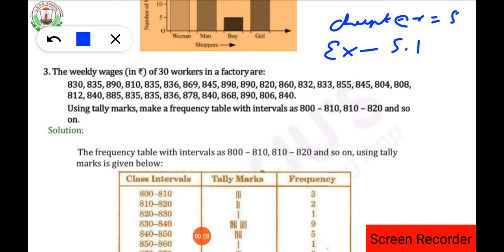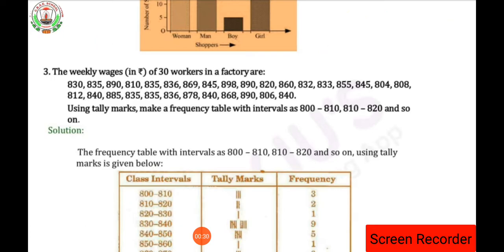So what does question number 3 say? In question number 3, the weekly wages in rupees of 30 workers in a factory are given. So these are the weekly wages like 835 rupees, 890 rupees, 810 rupees, 835 rupees, 836 rupees, like that up to 840 rupees is given.